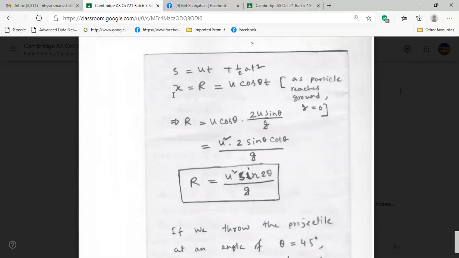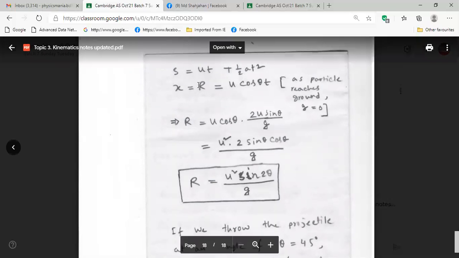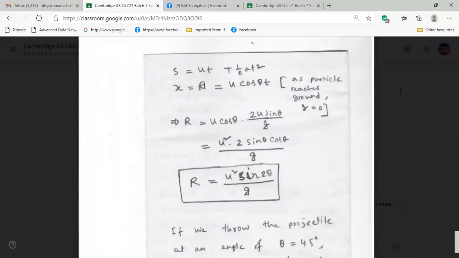So that x is our r, range. Already in our definition we got what is called range. It is the displacement towards the horizontal component, right? When you throw and it reaches the ground, going horizontally, that is called range.